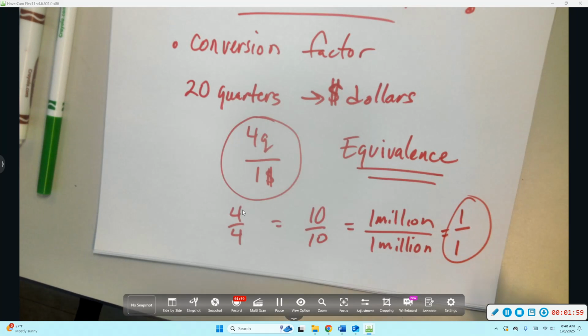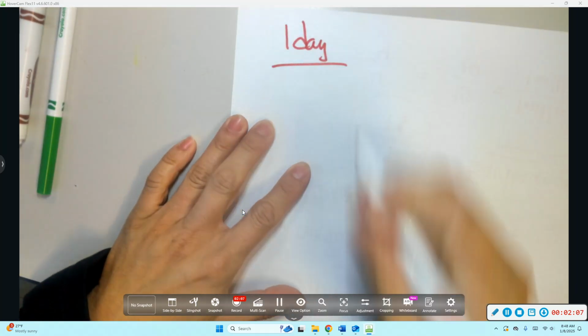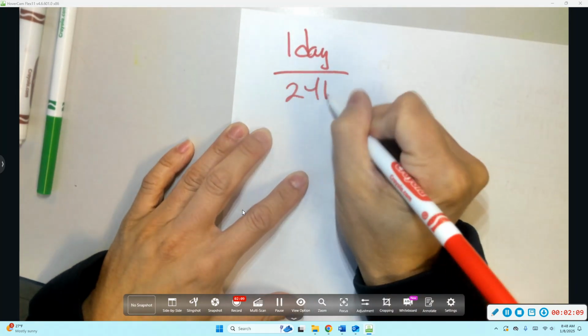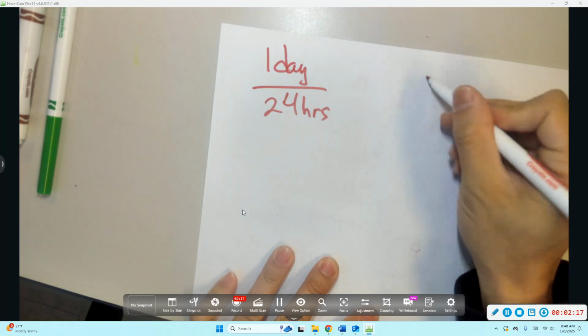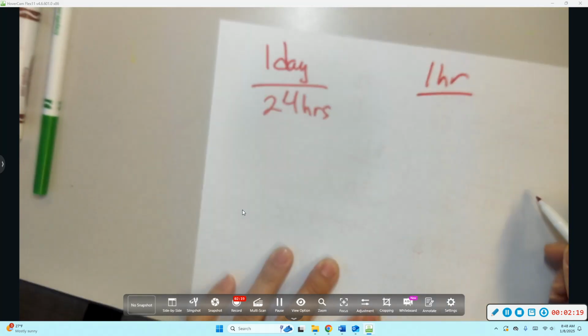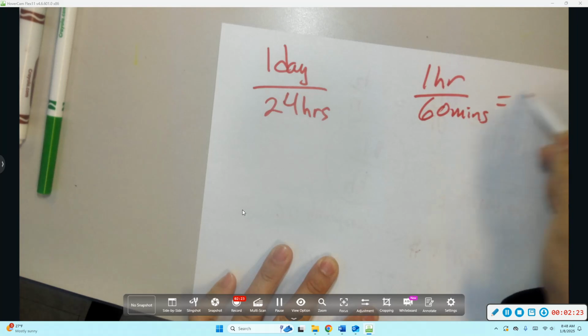Okay? What are some conversion factors we know in our daily life? A lot of conversion factors we know: 1 day is equal to 24 hours, right? And then 1 hour is equal to 60 minutes, which is the same as 60 minutes is 1 hour.